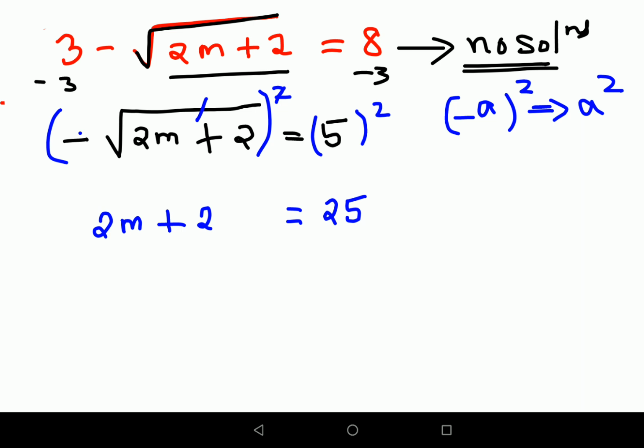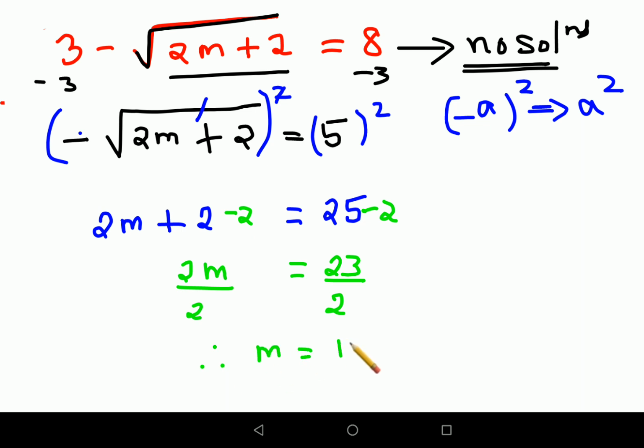In order to find the value of m, we subtract 2 from both sides. So you're left with 2m equals 23. Dividing both sides by 2, I can say the m value is 11 and a half.